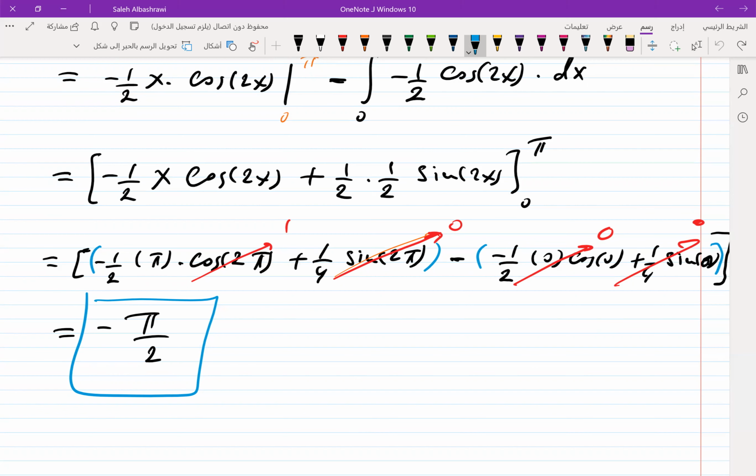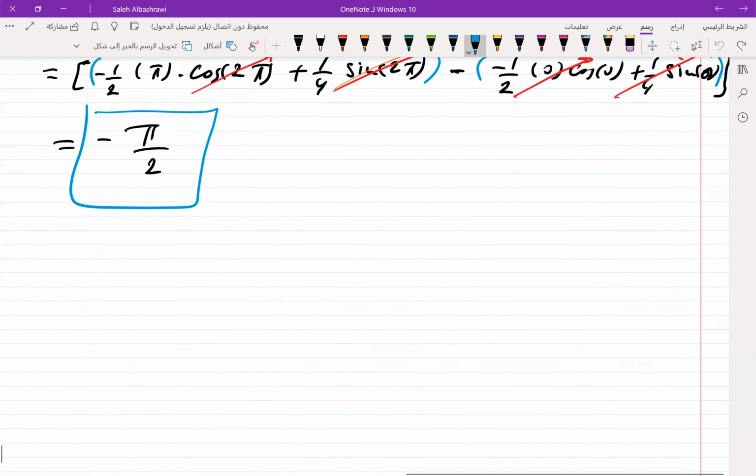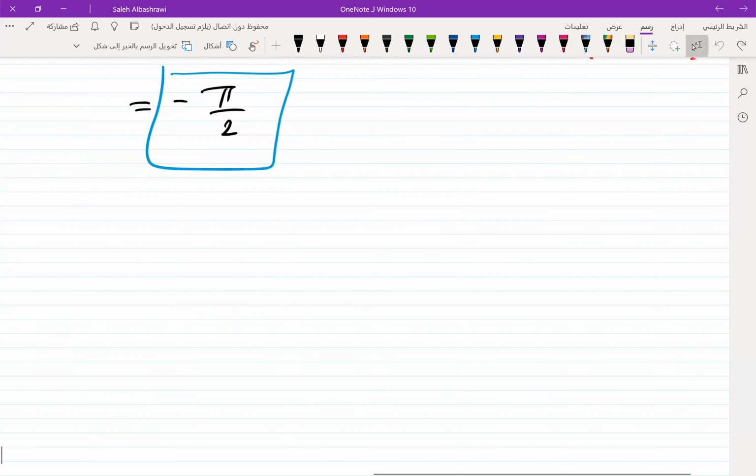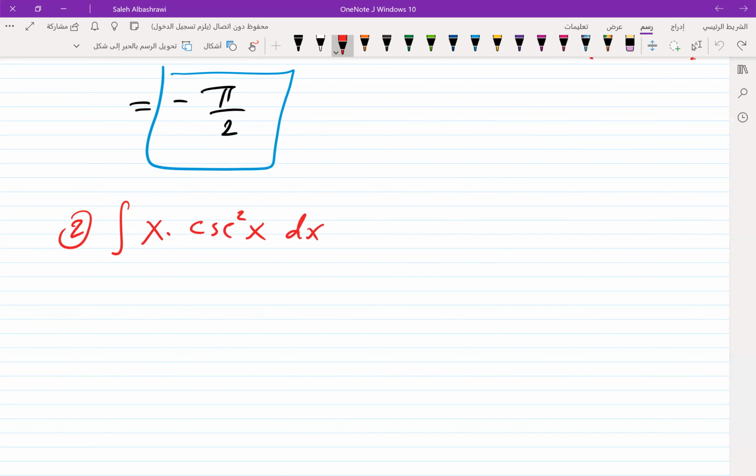Let's take another one. Find the integration of x multiplied by cosecant square x dx, between pi over 6 and pi over 4. Again, this can be done using integration by parts.